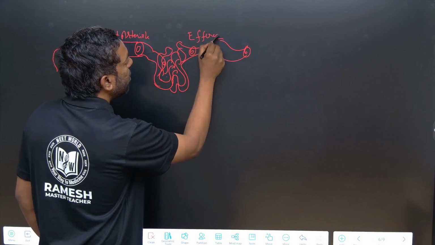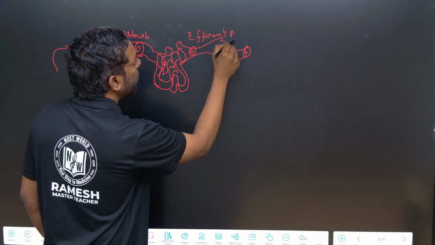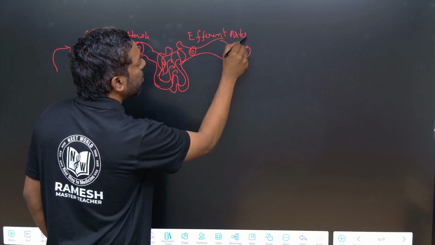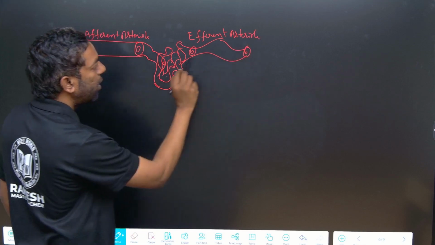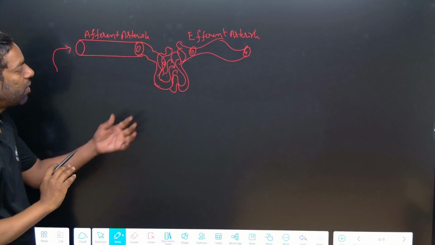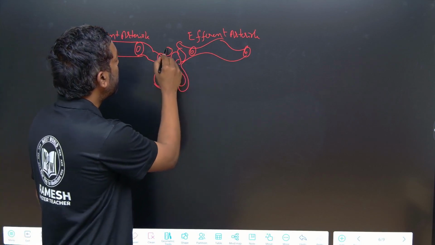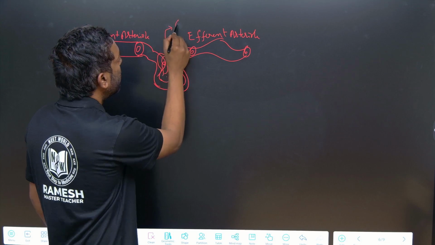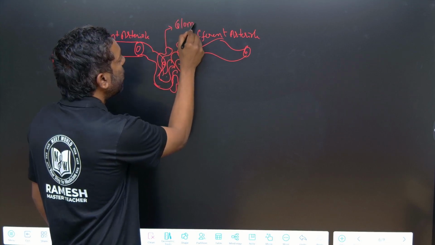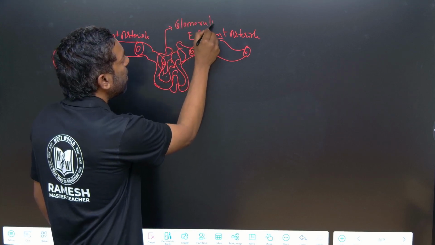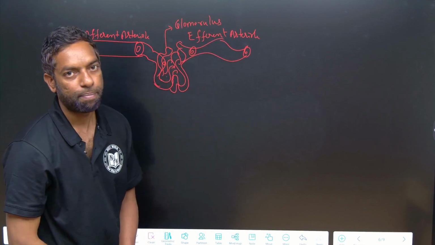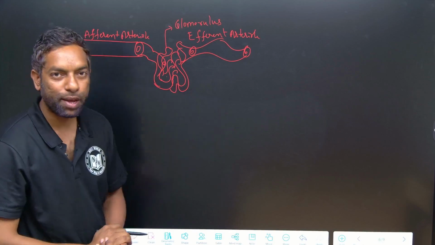Afferent arteriole, capillary network, efferent arteriole. This network we call the glomerulus. Are you clear?